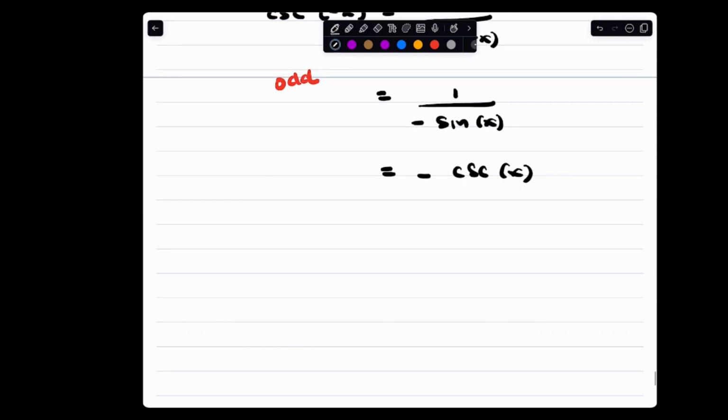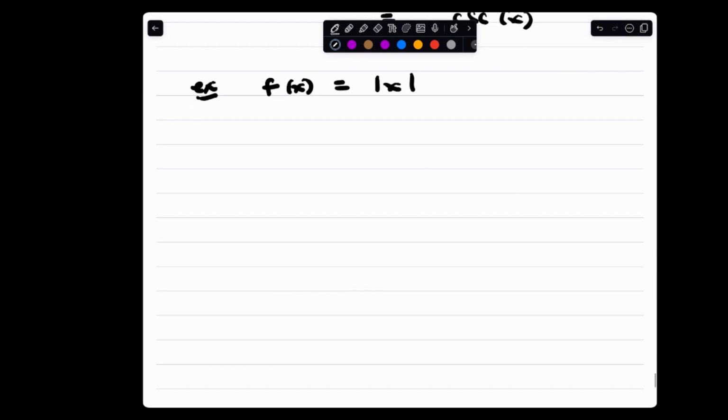I don't know if you guys know about the absolute value function. Do you know about that function in algebra? Is the absolute value function even or odd? Let's go through the process. f of minus x is the absolute value of minus x.